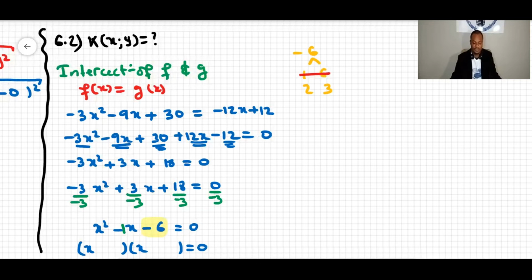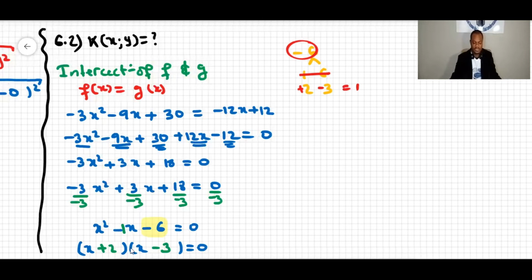If we do +2 minus 3, 2 minus 3 makes -1. And of course, +2 times -3 make -6. So the correct couple is +2 and -3.